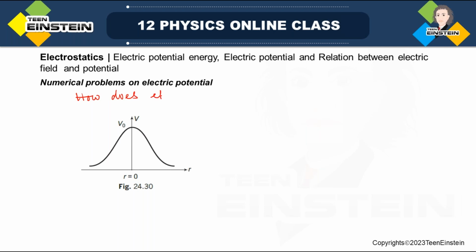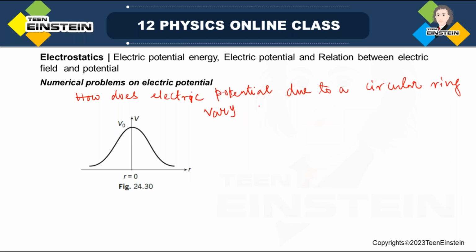How does the electric potential due to a circular ring vary with the distance along its axis?